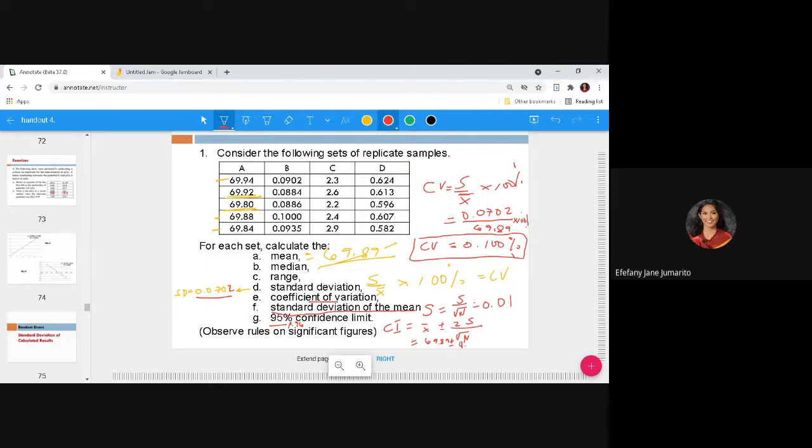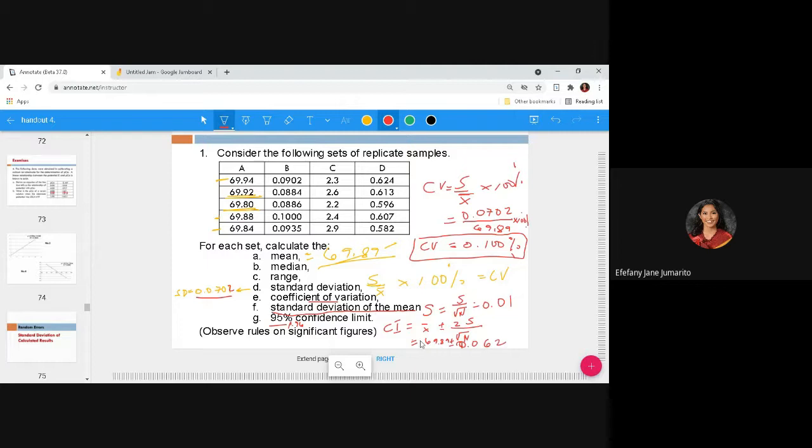Z is 1.96. Ma'am, then times the standard deviation, divide by square root of 5. Okay, again. 1.96 times, what is the standard deviation? 0.0702 divided by square root of 5. That is, 0.062, ma'am. Yes. Okay, that's the answer. So, plus and minus 0.062.